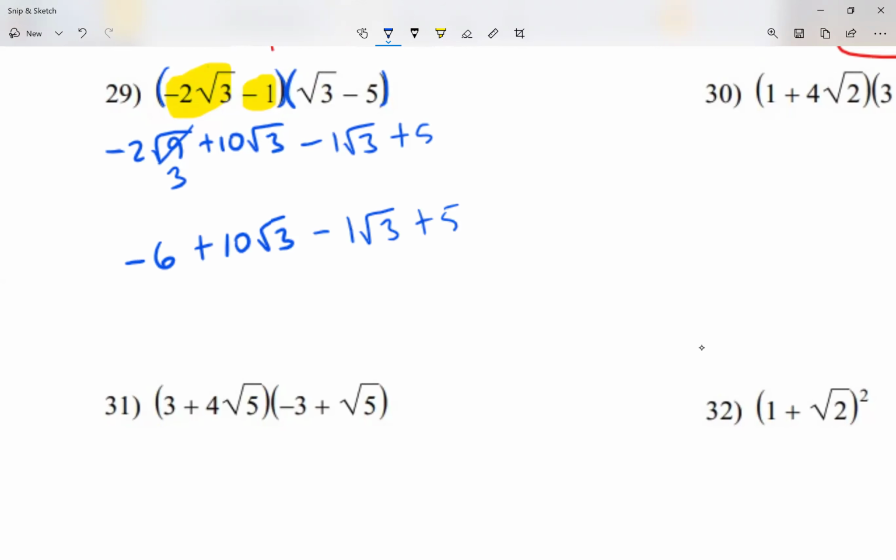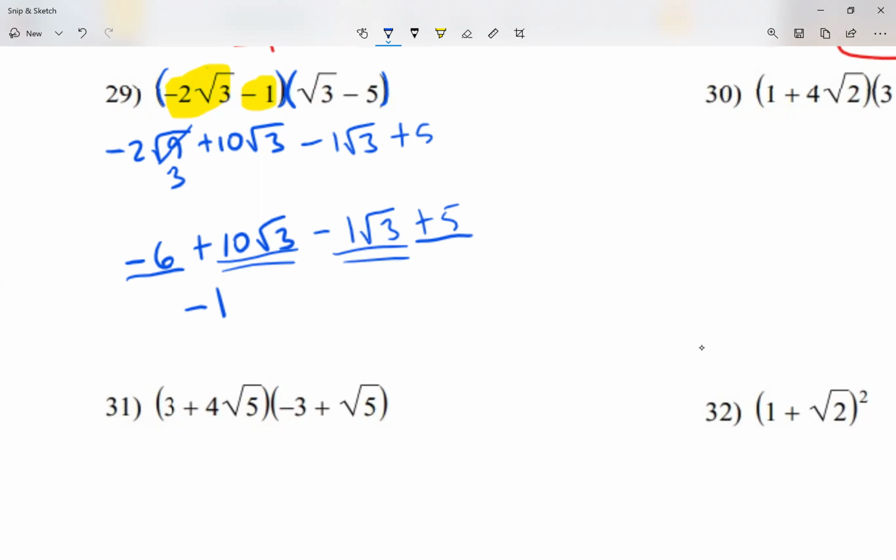So let me combine my like terms. I'm going to start first with those terms that don't have a radical. So negative 6 and a positive 5 give me a negative 1. So I combine those terms. And then the terms in the center, I see 10 radical 3 minus 1 radical 3.